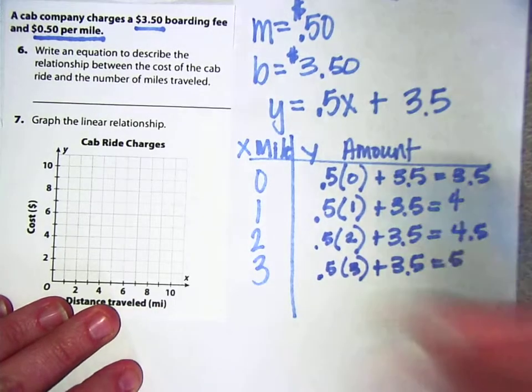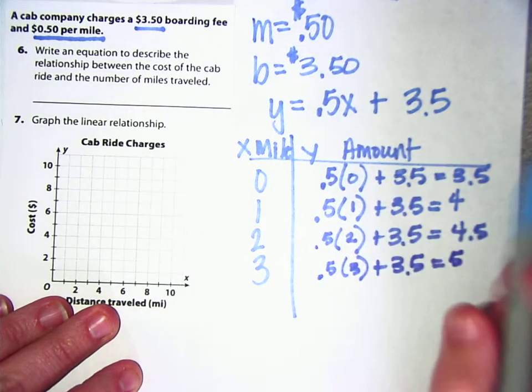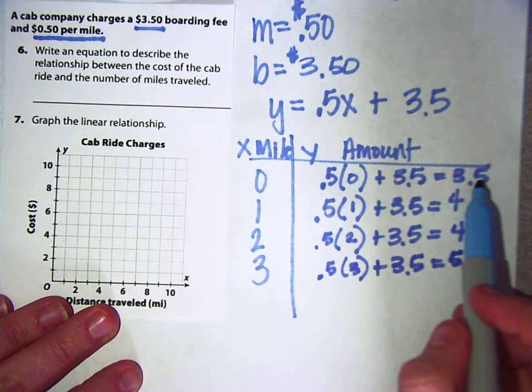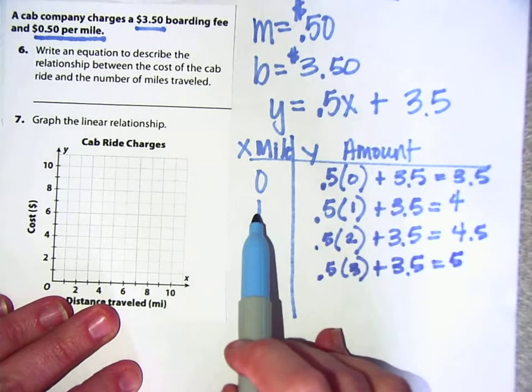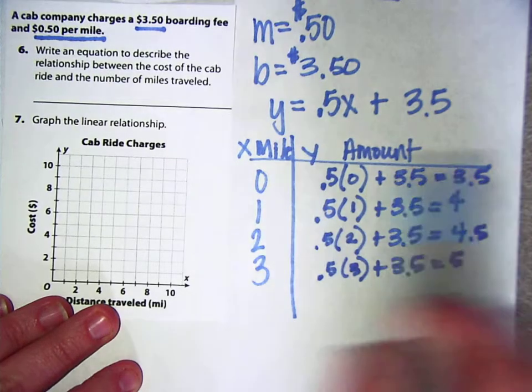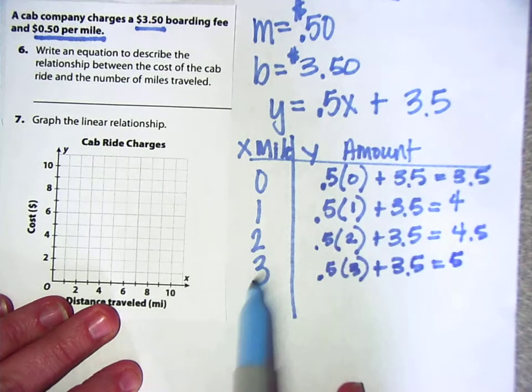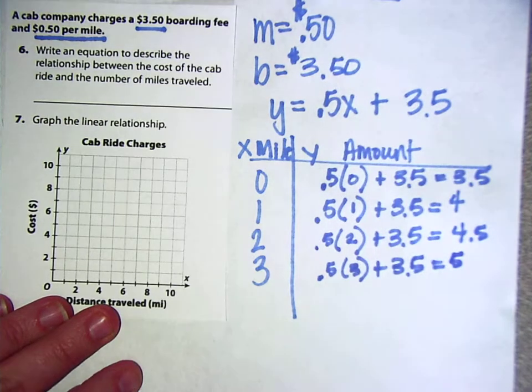Okay. So what this means is that at mile 0, the cost of the cab is $3.50. At 1 mile, the cost of the cab is $4. At 2 miles, the cost is $4.50. And at 3 miles, the cost of the cab is $5 flat.